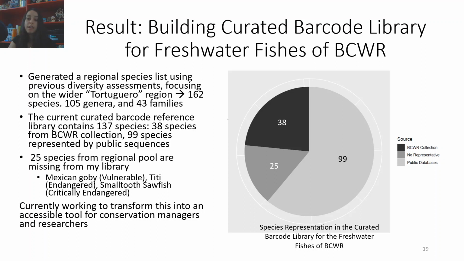Of our 162 species on the regional list, 25 are missing from the library because there is no representative sequence for these species in the public databases. And this includes 3 species listed on the IUCN list: 1 vulnerable, 1 endangered, and 1 critically endangered. We are currently working to transform this curated barcode library into an accessible tool for conservation managers and researchers.